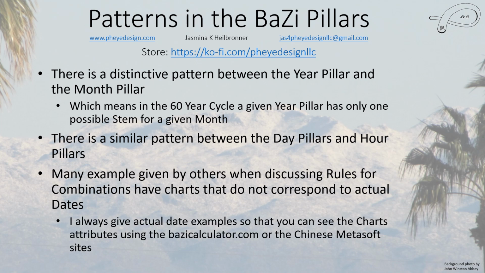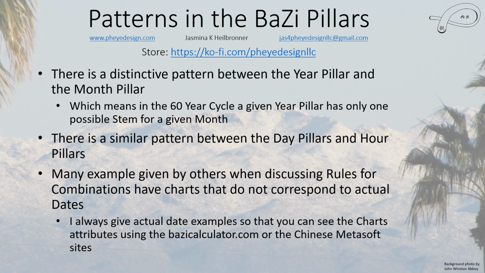Now, I always give you an actual date in the examples. There are times when I forget to write that down, but I want you to be able to look at that chart and stick it into a calculator, because there are various ones out there, to see what the chart actually looks like.